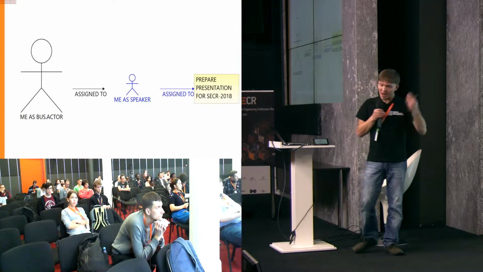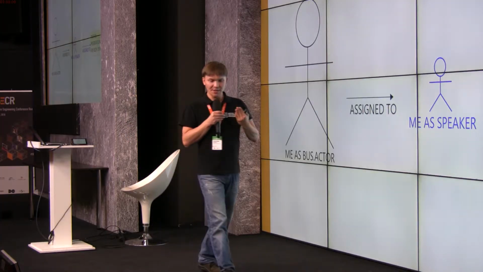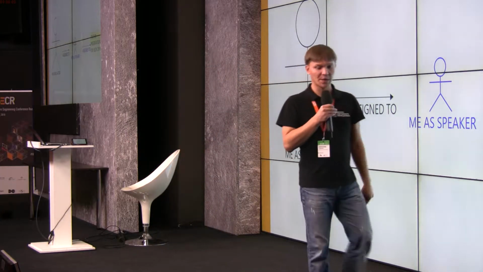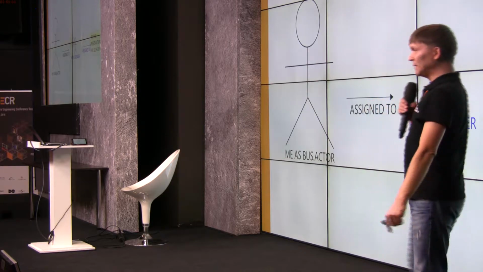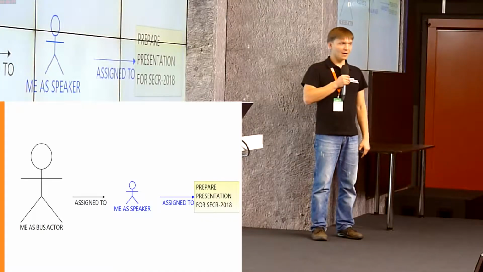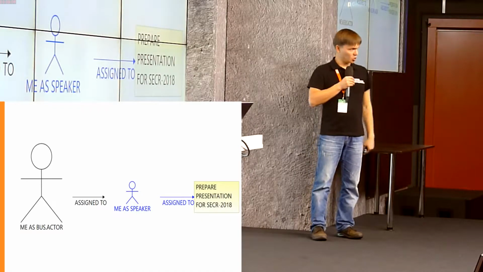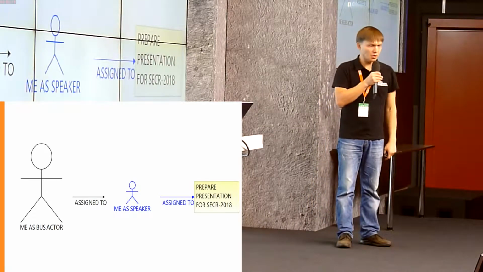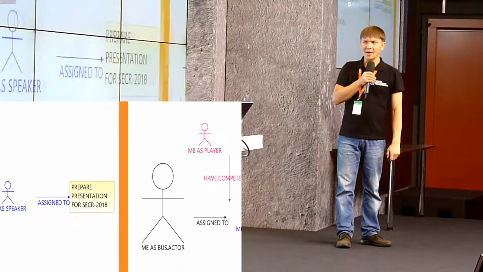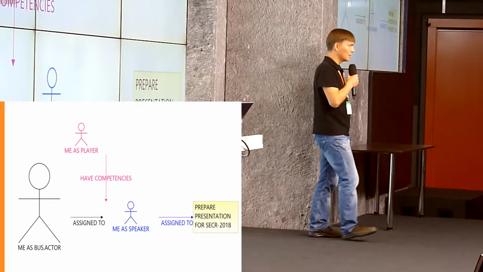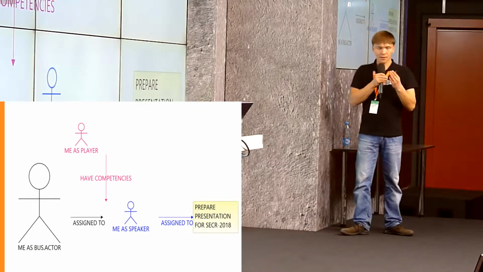But I have a lot of other roles. And what are these roles? A project manager, for example. And who inside me decides that me as speaker, a stakeholder speaker, should be switched to me as a business analyst or project manager? Some other guy. We call that a player.